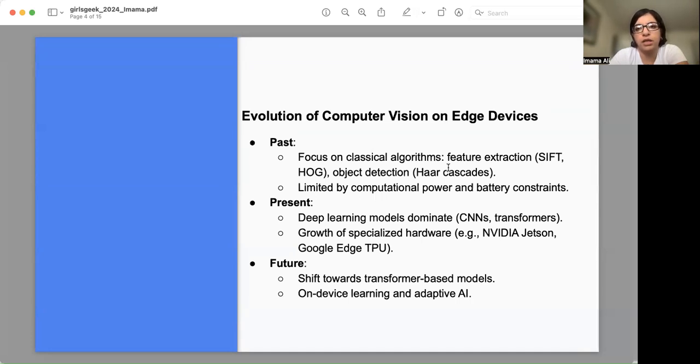Until 2013, when people started testing deep learning for computer vision tasks, and by 2016 people started adapting deep learning on edge devices as well. The classical methods were limited in accuracy, and deep learning based models boosted the accuracy, so people started adapting those very quickly.